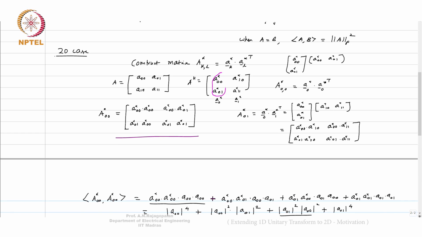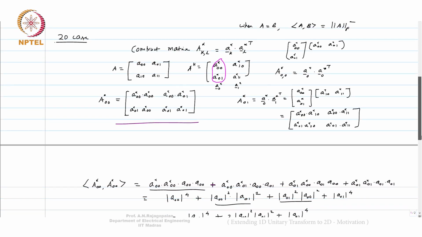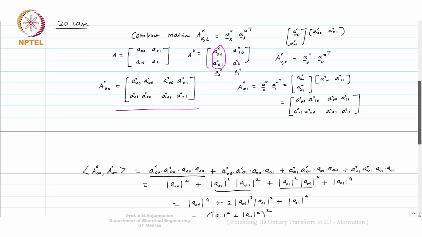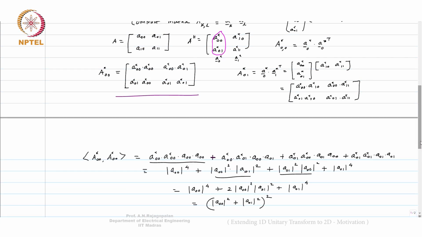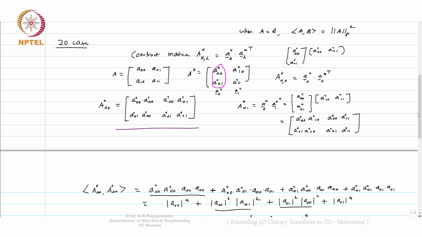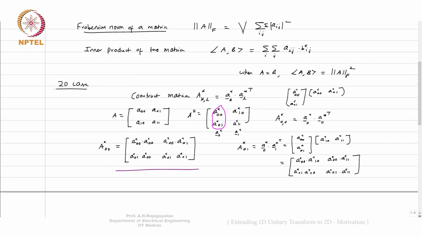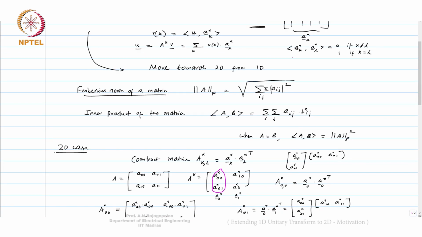So its norm square is magnitude A naught naught square plus magnitude A naught 1 square. But we know from this other relation that we saw here that if you take the norm of each one of them, these form an orthonormal basis, so they all have length 1.